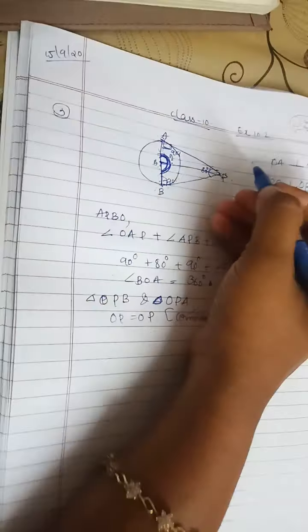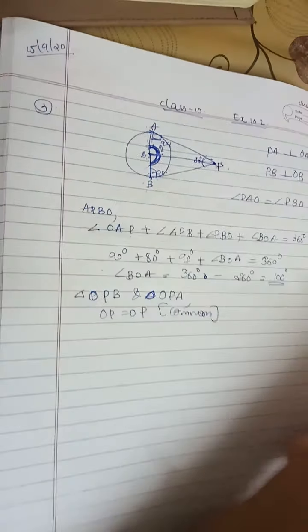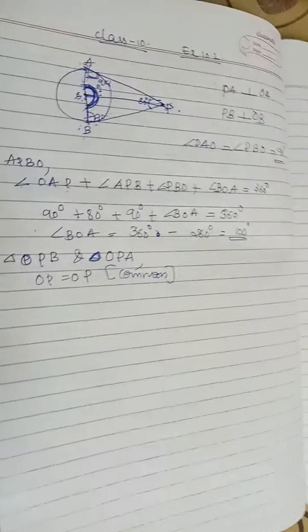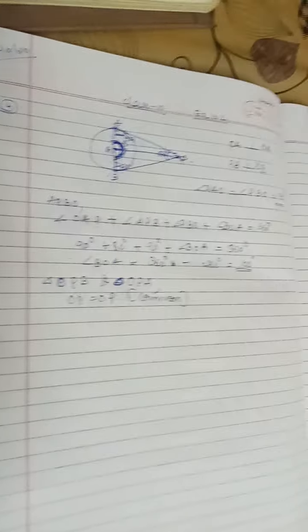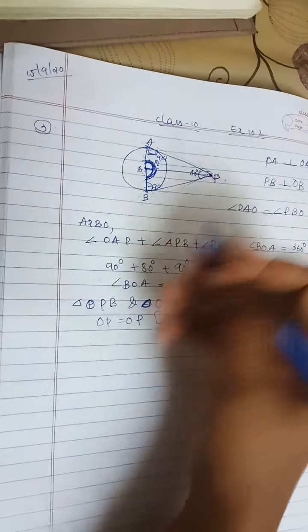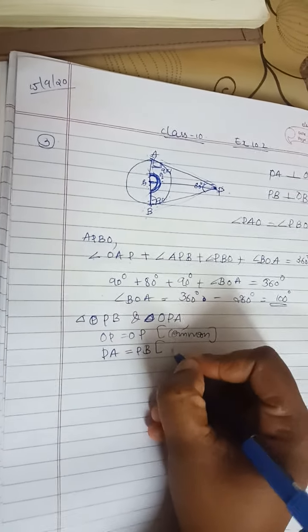Next we can write these two are tangents from a fixed point P, correct? So from a point, if we are drawing two tangents to the circle, those tangents should be equal. So we can equate here PA is equal to PB. What is the reason?